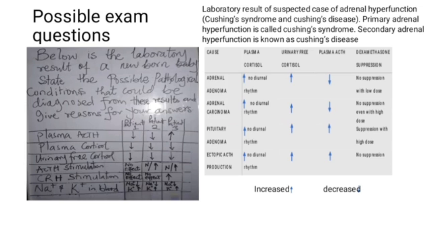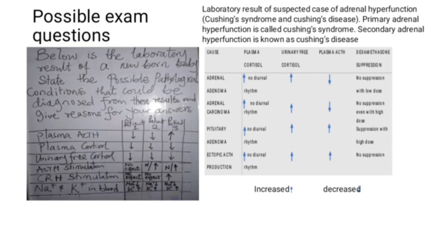Because if you give a stimulant to the pituitary and it was able to produce enough ACTH, it means that the pituitary is okay.